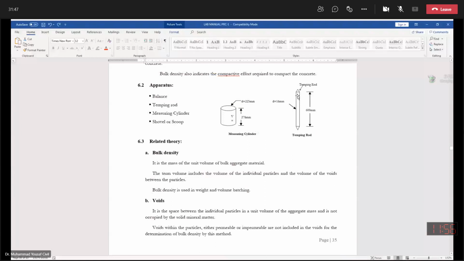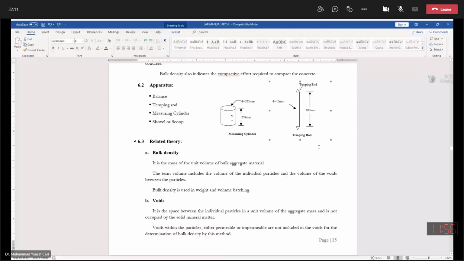You will fill one third layer, then second, then third, and you will apply 25 strokes to each layer, evenly distributed on the surface of the aggregate.